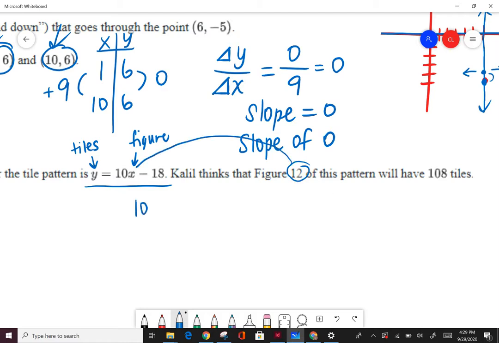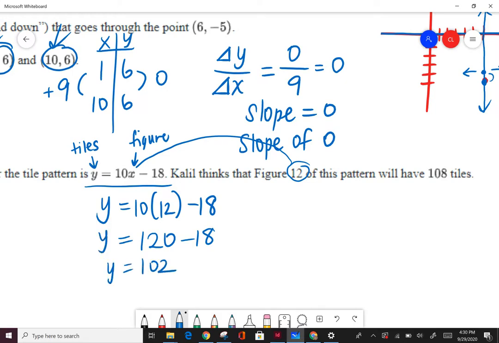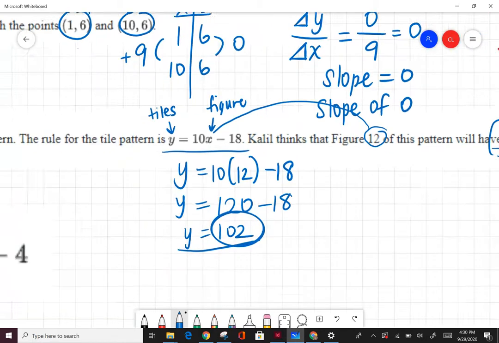So I have 10 times 12 minus 18, and I know that's going to equal my y, which is the number of tiles. So 10 times 12 gives us 120. And if I subtract 120 minus 18, that gives me 102. So I do not agree with Khalil. It should not have 108 tiles. There should be a total of 102 tiles instead.